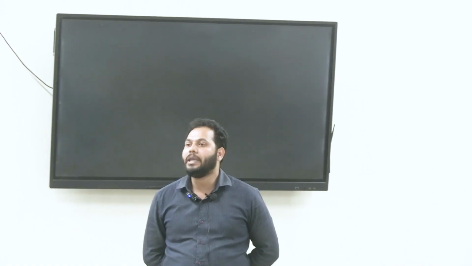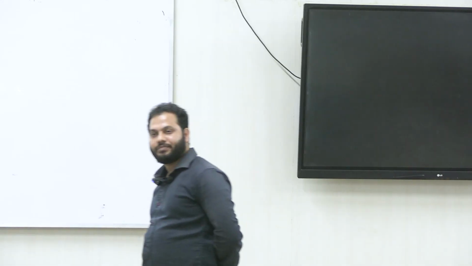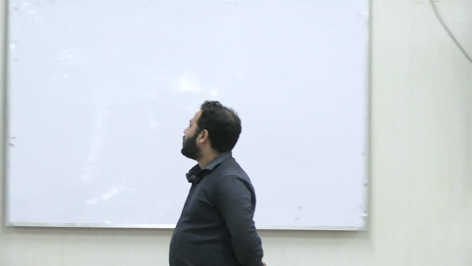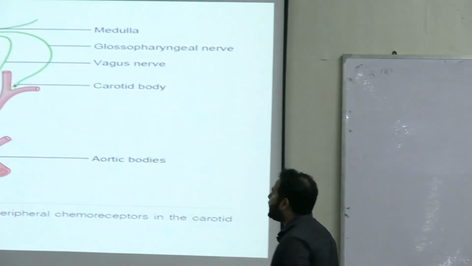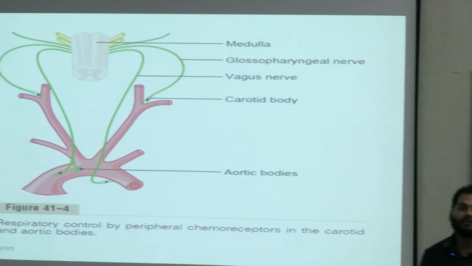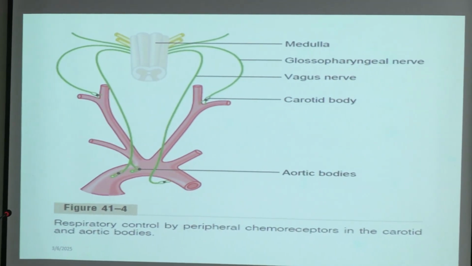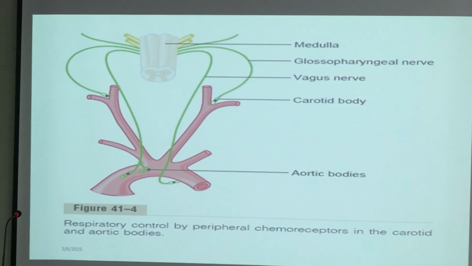It carries impulses called neuronal impulses, right? Similar to the vagus nerve, there is another nerve called the glossopharyngeal nerve, and this glossopharyngeal nerve basically originates from the carotid bodies, right?